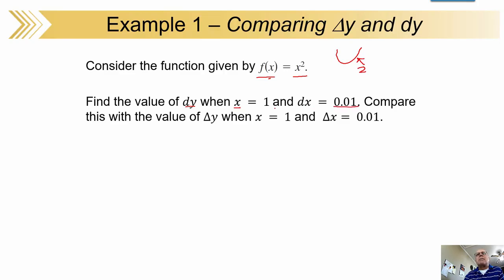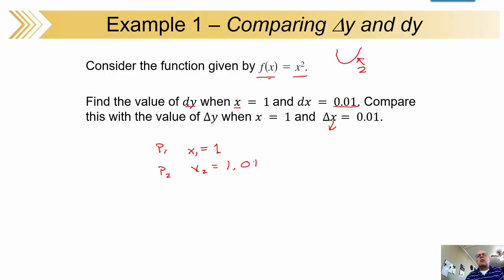In other words, dx represents how far apart the two x values are. What that means is for point 1, your x coordinate is 1. Real simple. For point 2, your x coordinate is 1 plus a little bit extra, 0.01.